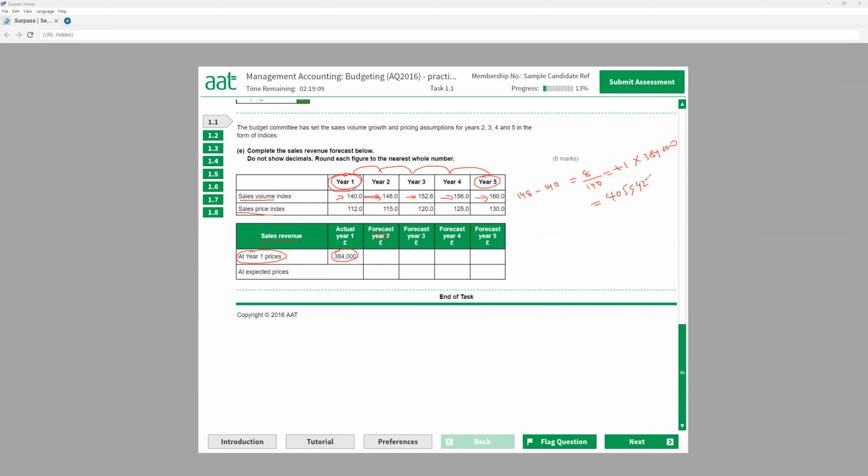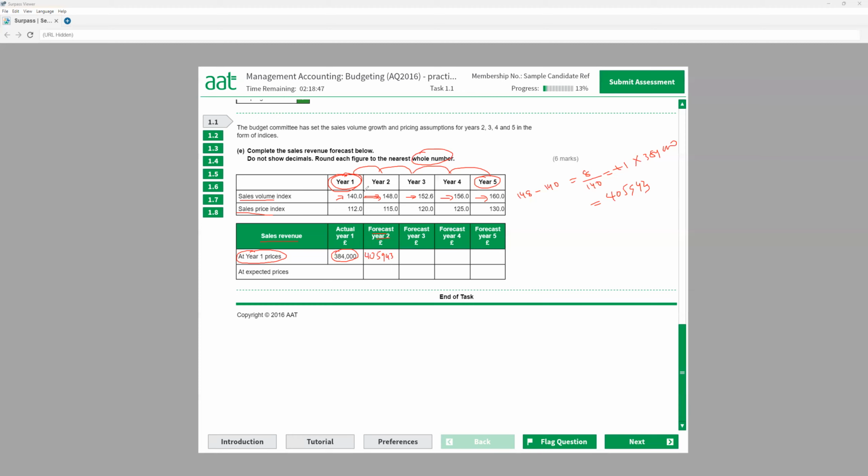We can make it 405,943 because they said to use whole numbers. So we have here 405,943.